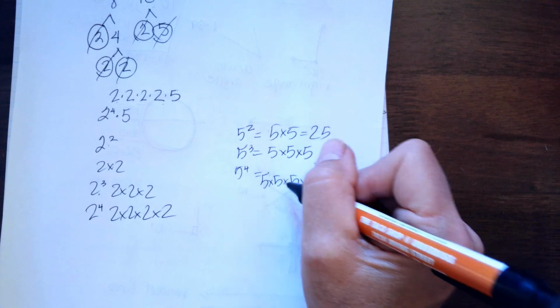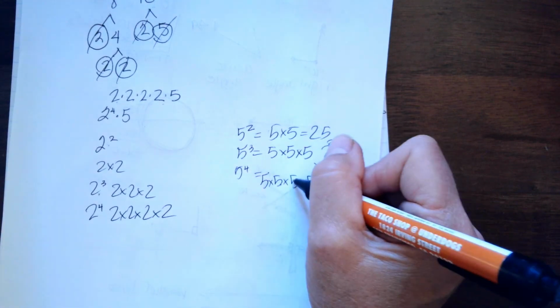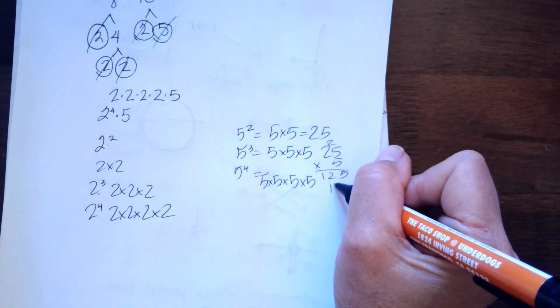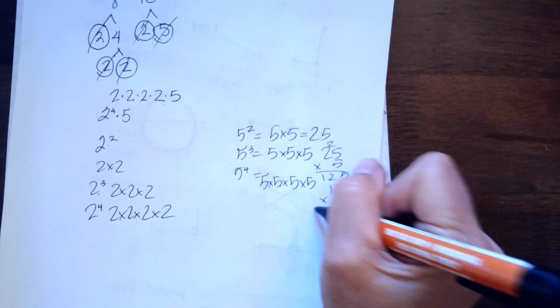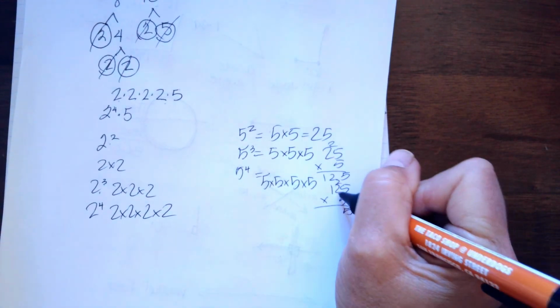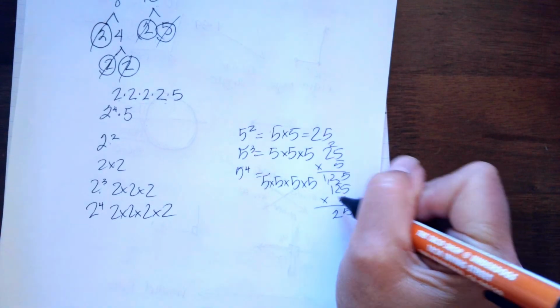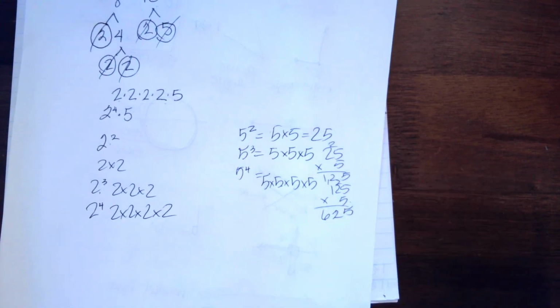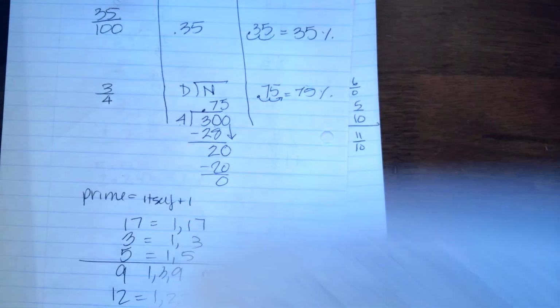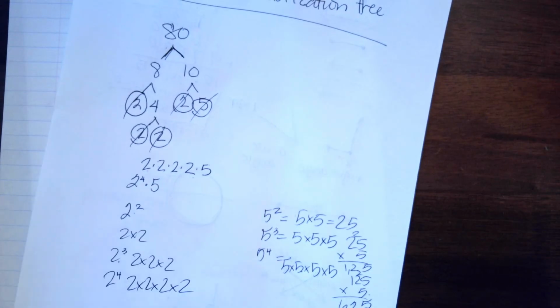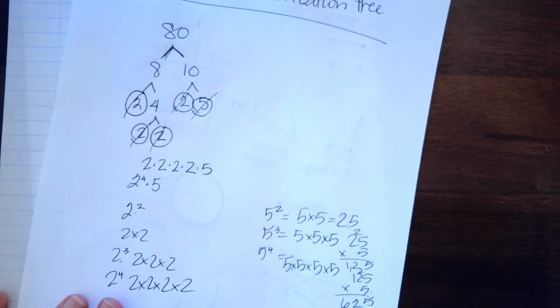We know 5 times 5 is 25, times 5 is 125, times another 5 is 625. Does that make sense to you, Lauren? Yes. Awesome. So that is what we are doing for prime factorization and exponents.